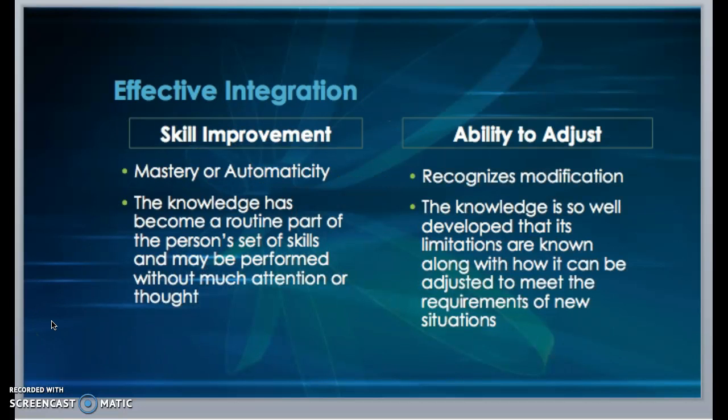A demonstration of skill improved is one measure of effective integration. How much skill improved? For simple procedural skills, improvement could be considered to be complete mastery. That is, a learner could perform the procedure quickly and correctly, even while talking about or doing something else.